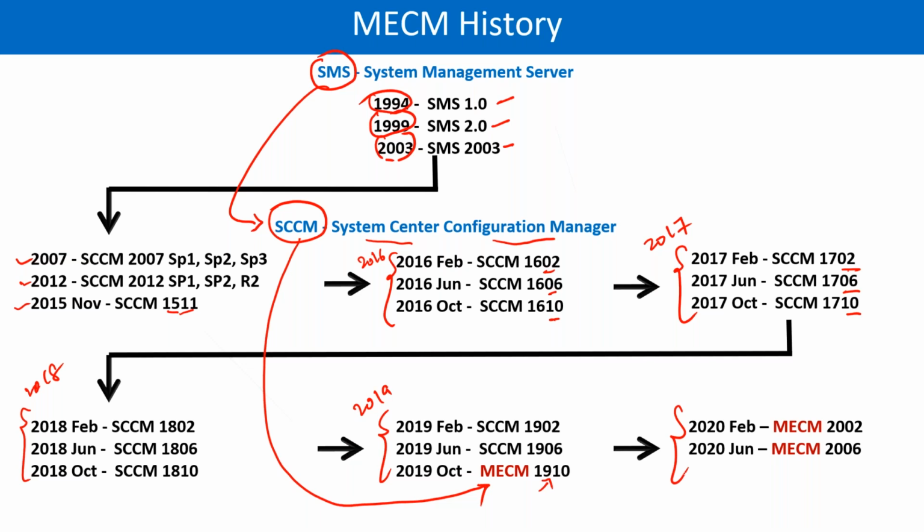This year they have released two versions, 2002 and 2006. These are the versions released by Microsoft so far, and the latest and greatest version at the moment is 2006, which you can take to production.